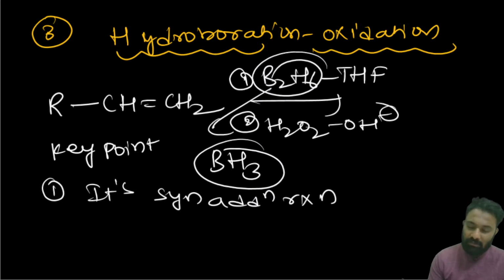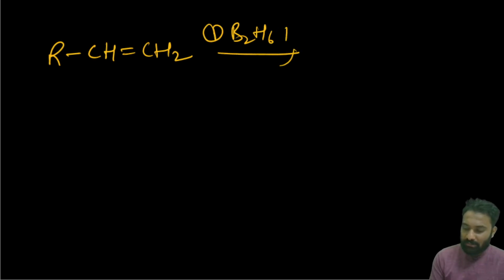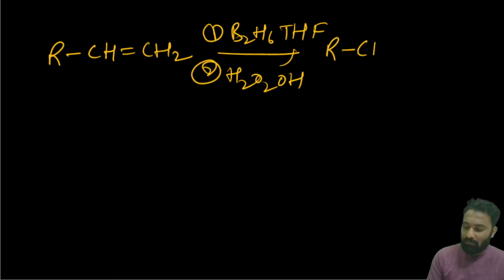Many of the students will get confused here itself. Now what is the meaning of syn addition, sir? Syn addition means, it is a double bond. Now here it is B2H6 tetrahydrofuran and second one peroxide in the presence of OH, right? Now alcohol it will get, that OH will be attached to which carbon?